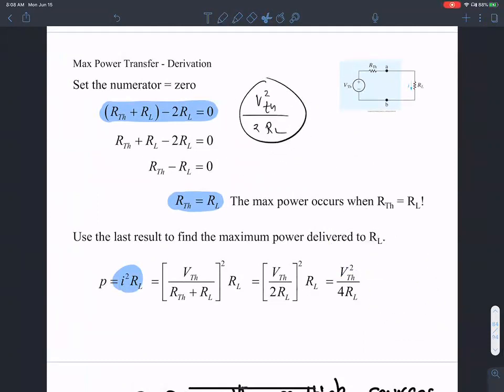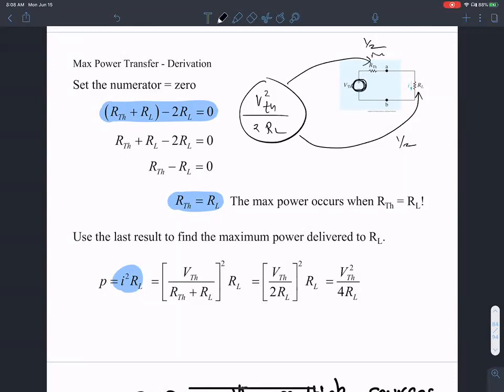Okay, of that, half is dissipated in here, and half of that is dissipated in here under the maximum power transfer condition. Okay, so really you can only get half of the power that is actually being supplied by this voltage source.